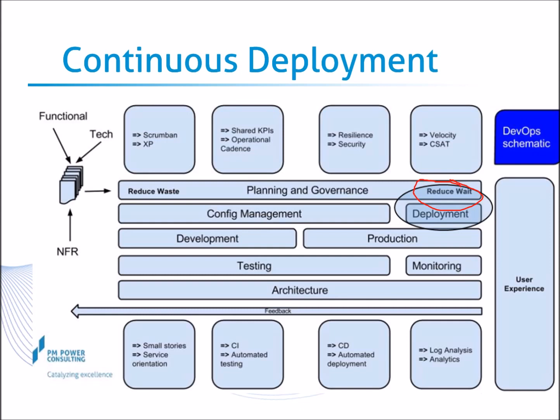Typically, once software is developed and tested independently, you go through your system integration testing, system testing, and all that. You might also have a pre-production environment where you may do the staging, and finally this goes into production. So that is what we mean by deployment with a reduced wait.